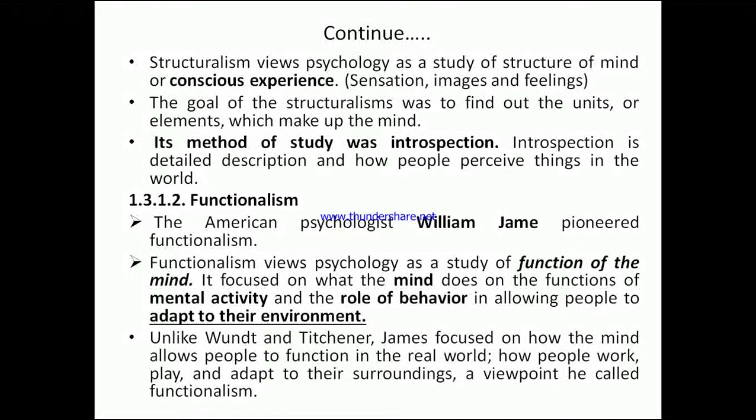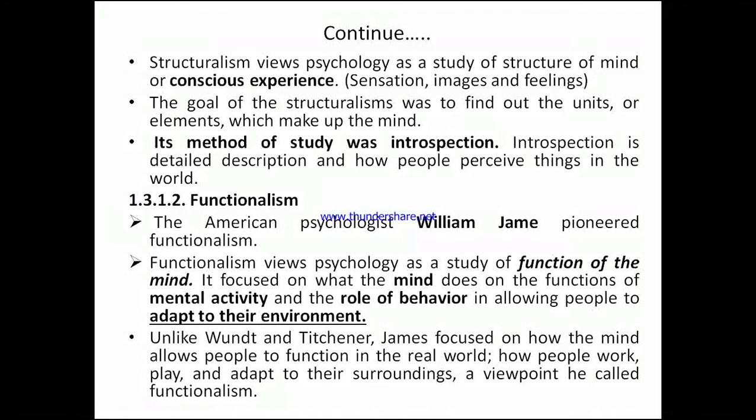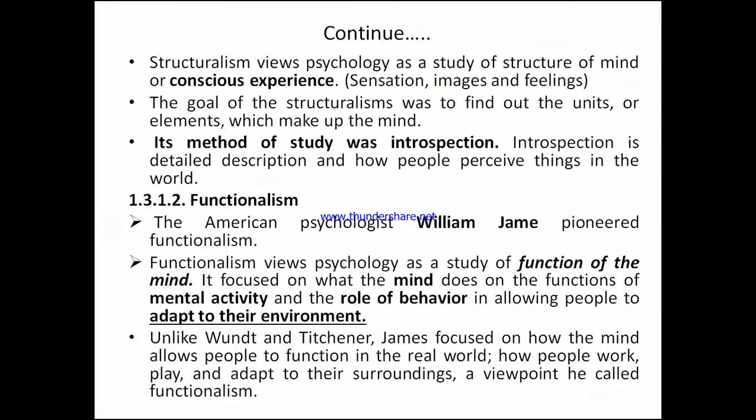The central idea is that the subject matter of psychology should be the function of the mind, not the structure. Basically our behavior is influenced when we try to adapt to the environment. The function of the mind is to enable an individual to adapt to the environment where he lives.